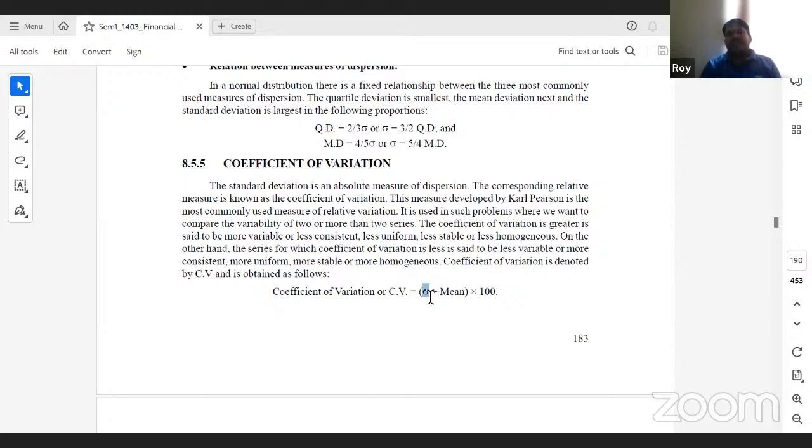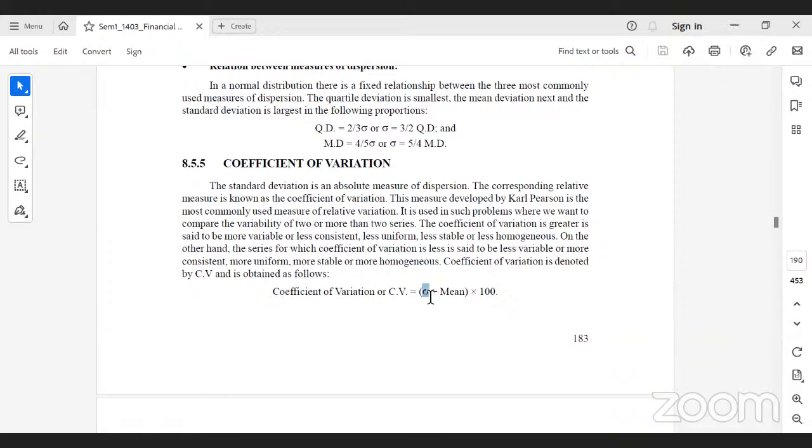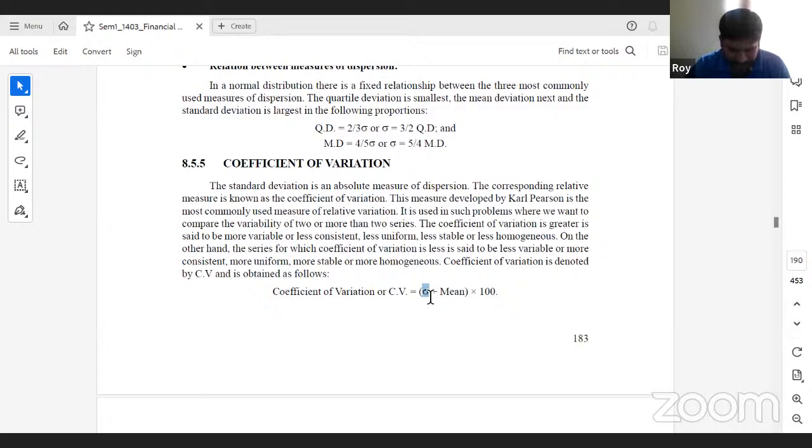Standard deviation. Standard deviation is denoted by sigma, right? Simple.